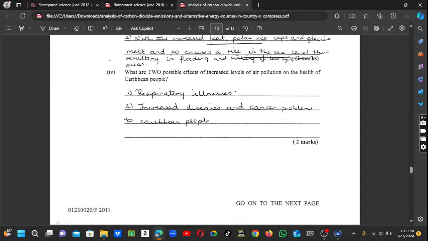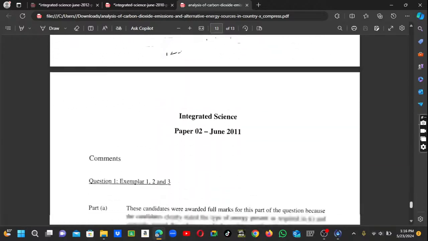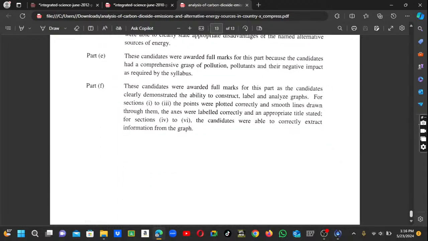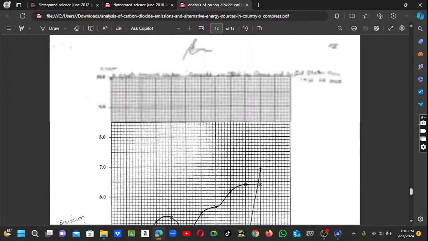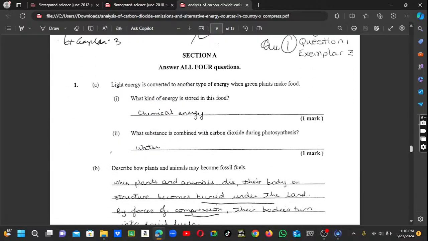Remember we mentioned respiratory illnesses from inhaling through your nose, and increased diseases such as cancer from smoke for the Caribbean people. Let me skip down. I think I'm getting the same paper over and over; these questions are a little similar.